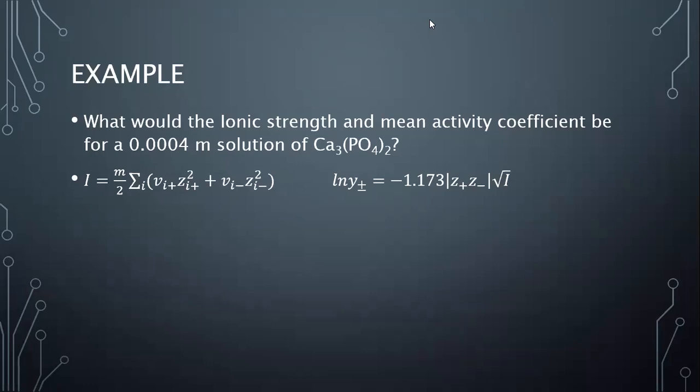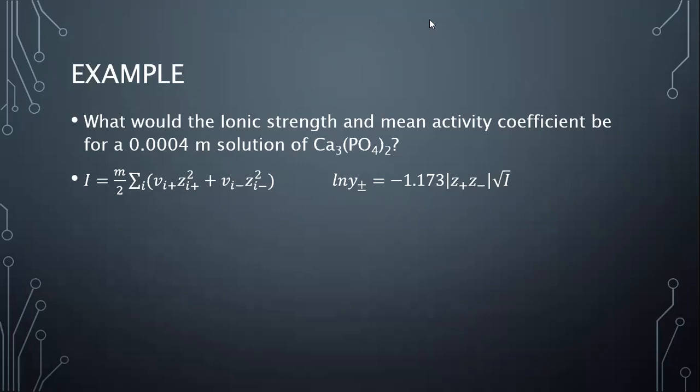What would the ionic strength and mean activity coefficient be for a 0.0004 molal solution? So a 0.4 millimolal solution of calcium phosphate. I purposely chose calcium phosphate so we would have some interesting V's and Z's.